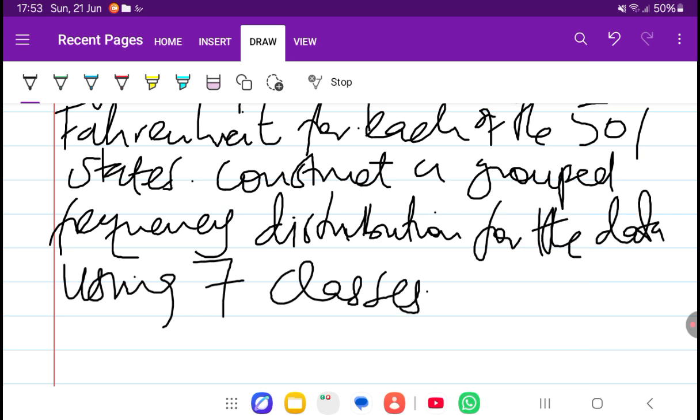Here they have given us the number of classes they want us to use for these computations.